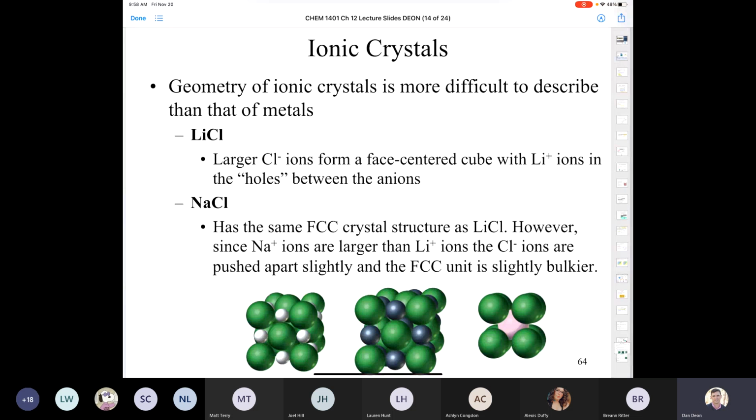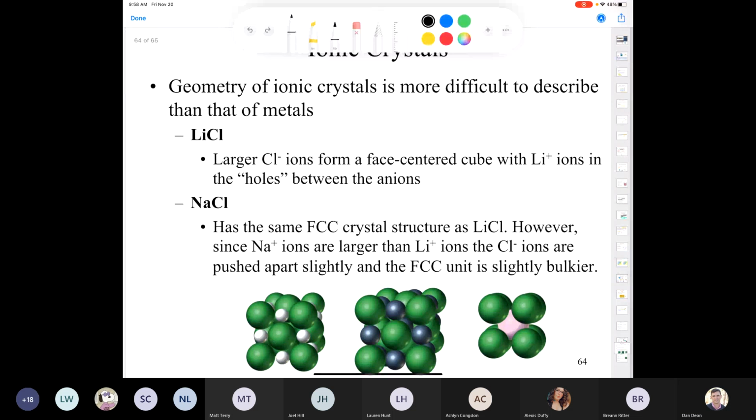So if you look at the face-centered cubic structure of lithium chloride or sodium chloride, the larger chloride ions form a face-centered cube with lithium ions in the holes, okay? Which is going to look something like this. So this is my lithium chloride.